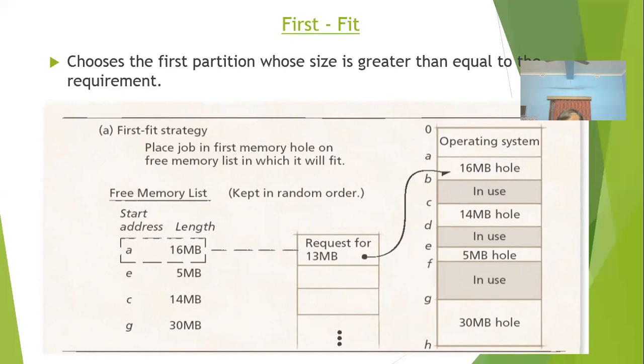First fit strategy can be implemented very fast. You don't have to search the entire list. Whatever first memory location you're getting that is fit for the requirement, you are just allocating that particular location to the particular process. That is the concept of first fit.